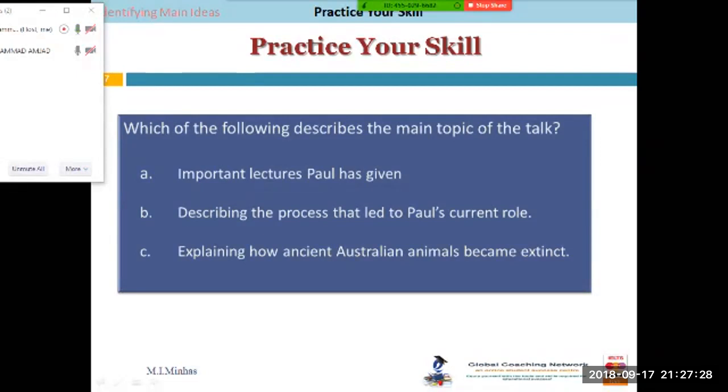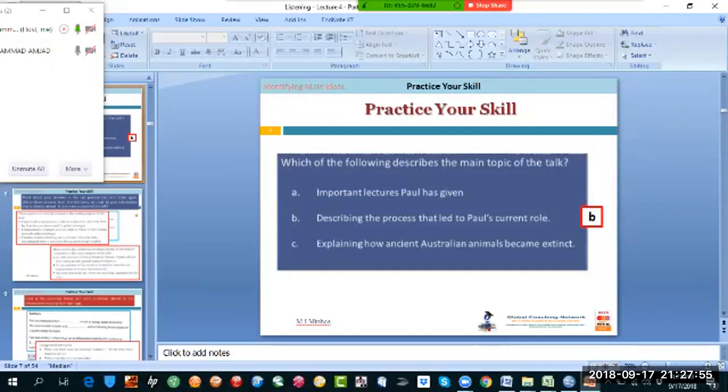Now remember, he is an Australian person, so his accent is going to be a little difficult for you to understand, and his speed is too much. So just listen to it, and I only want you to figure out what was the main purpose, main topic of the talk. So now just focus on that, and then I'll show you these options again.